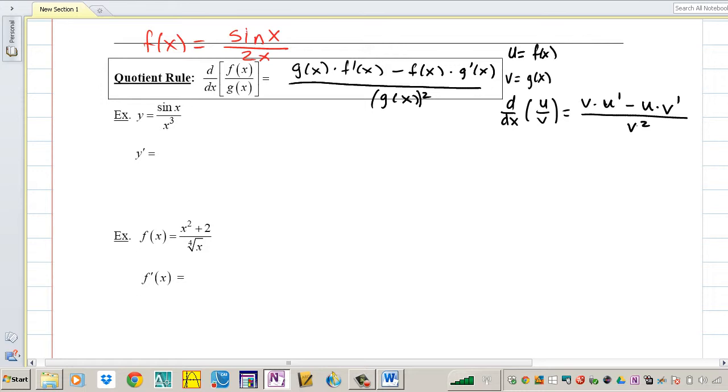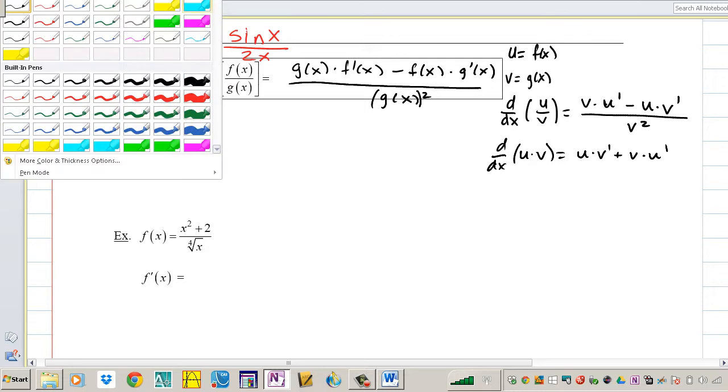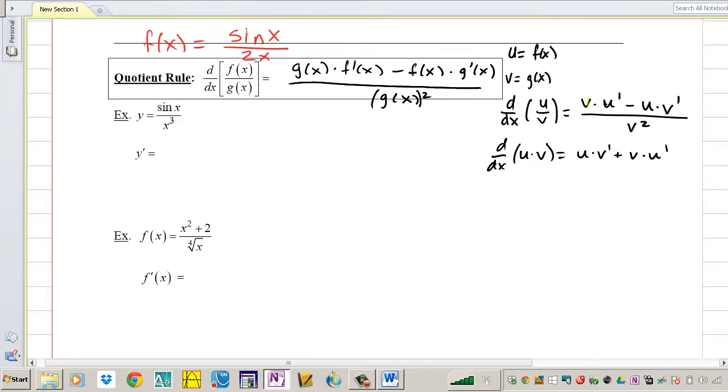Now, notice, what are the similarities of the quotient rule versus the product rule? So let me write the product rule right here. The similarity these two rules have in common is that at the top of the quotient rule and the product rule, they both have interchanging derivatives and functions, except the difference is that one's a plus, one's a minus.